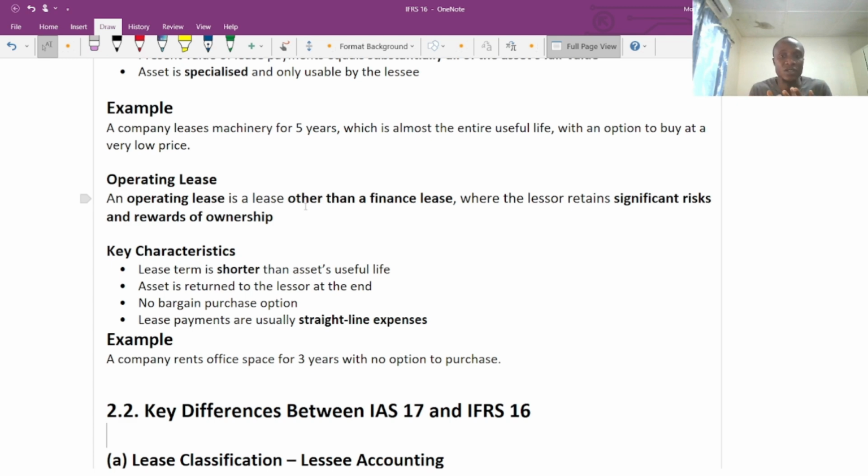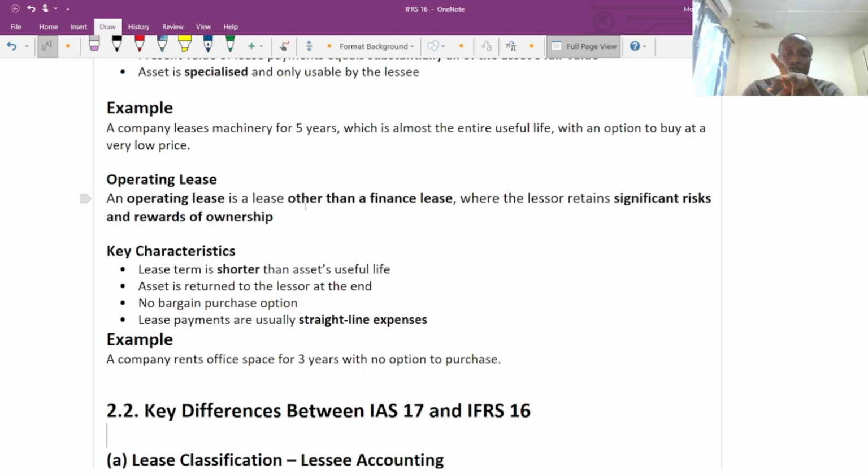Automatically, the risks and rewards will still be with the lessor. So in a situation where the lease transaction leaves the lessor with a significant risk and reward, then this particular transaction should be classified as an operating lease.